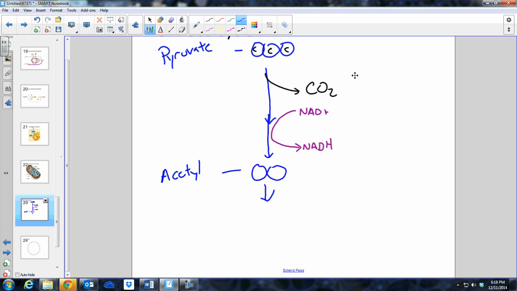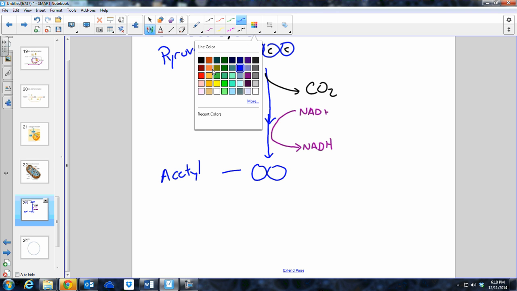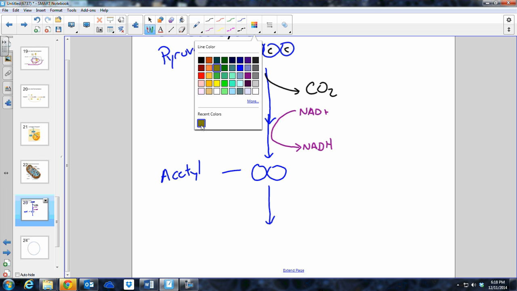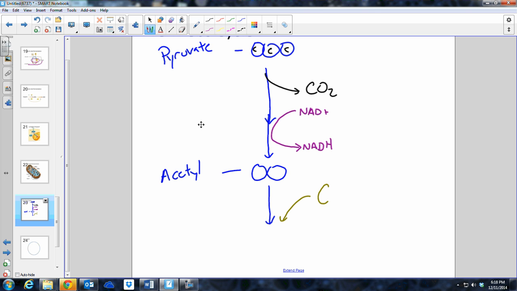Well, acetyl needs some help to jump onto the Krebs cycle. For some reason, I've chosen this as my CoA color. Acetyl is going to get some help from an enzyme called coenzyme A, or CoA.